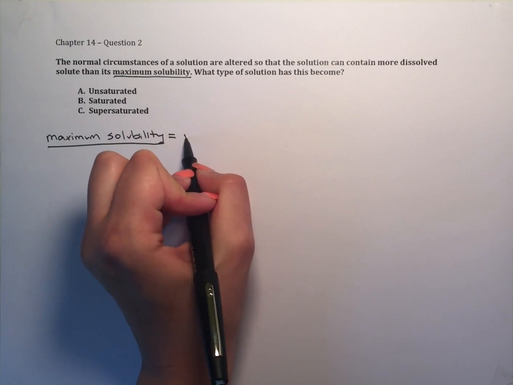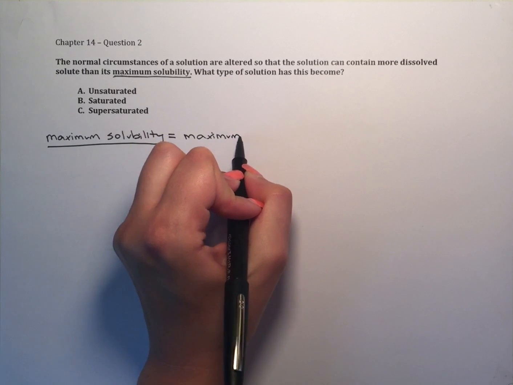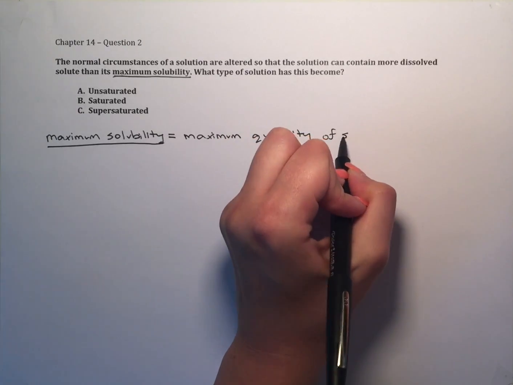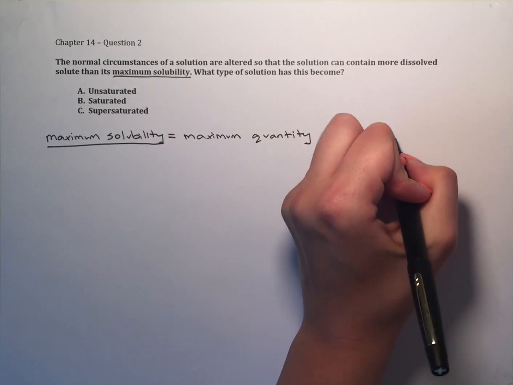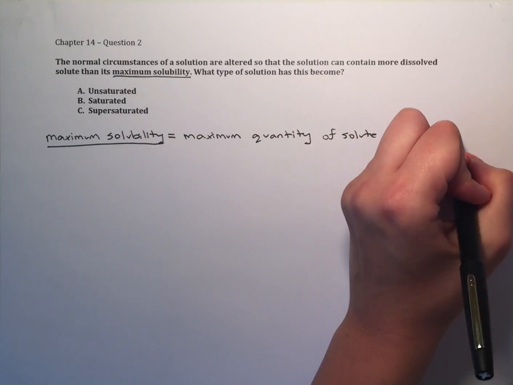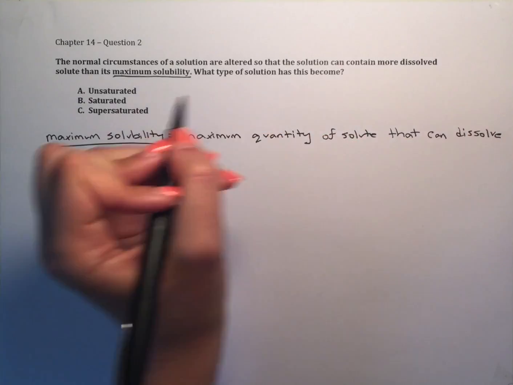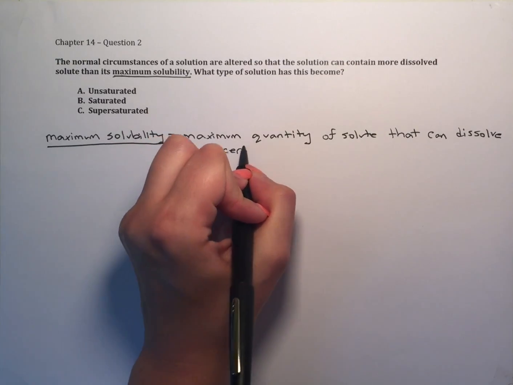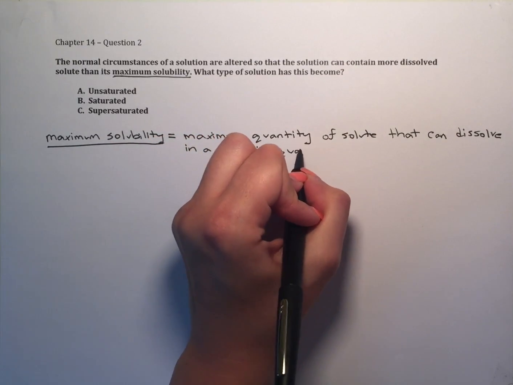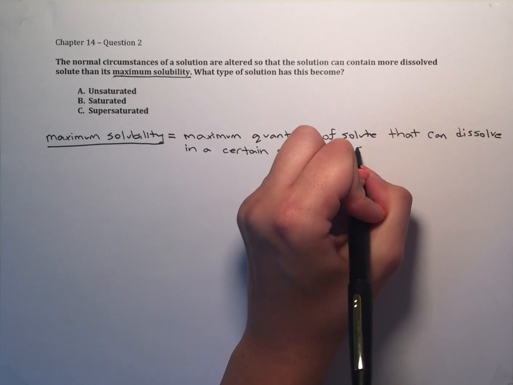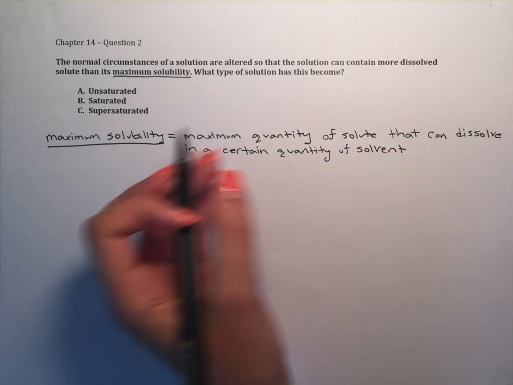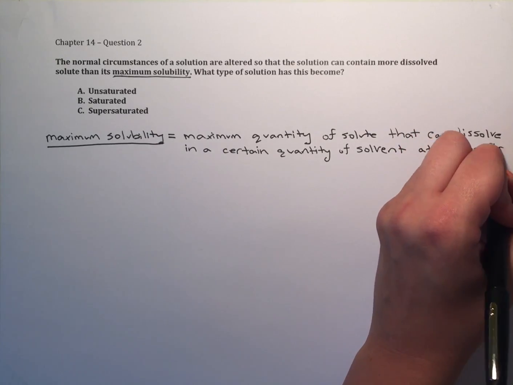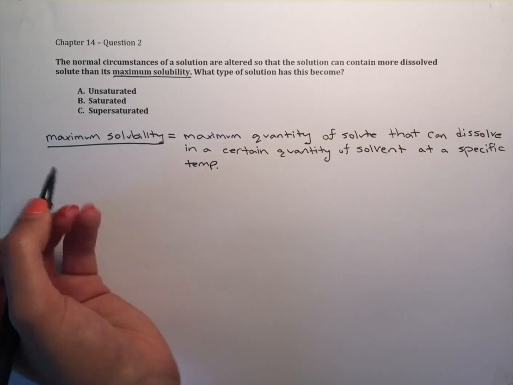Maximum solubility is the maximum quantity of solute that can dissolve in a certain quantity of solvent at a specific temperature or pressure. Temp is short for temperature.